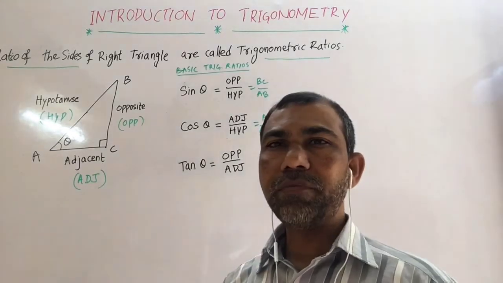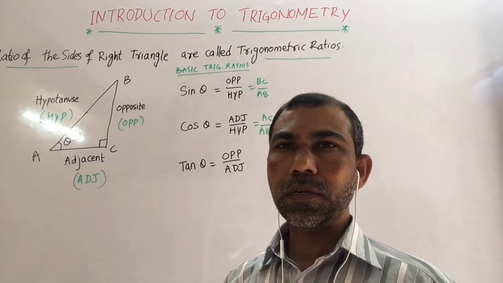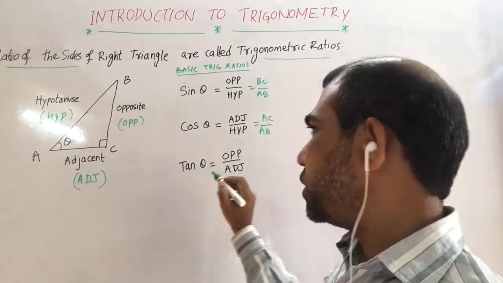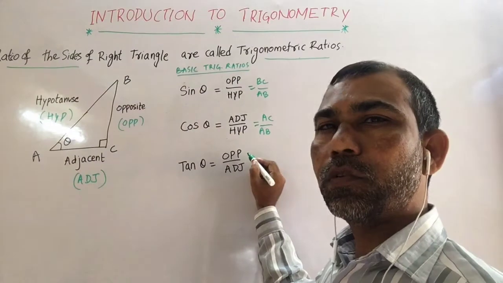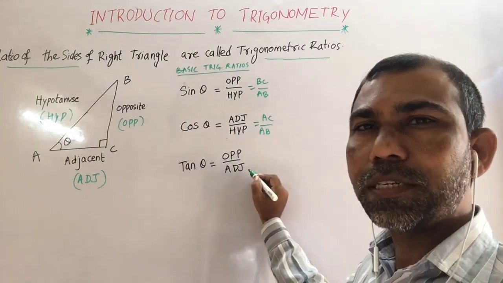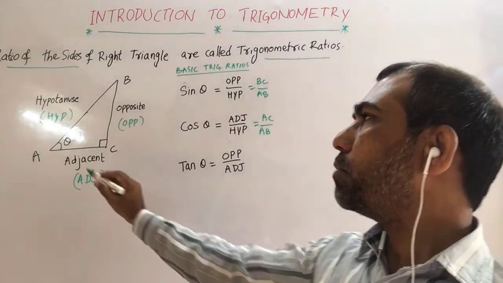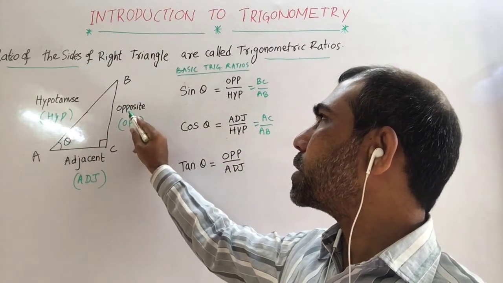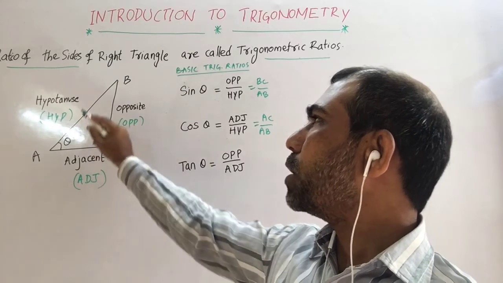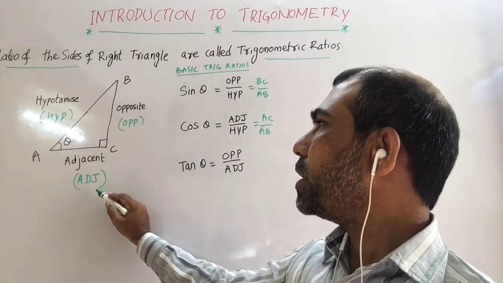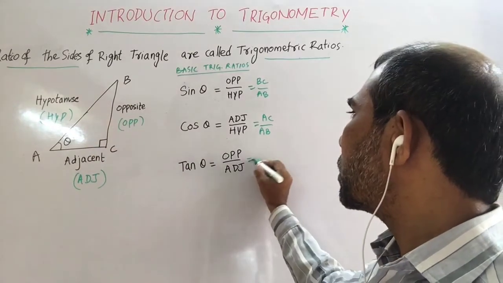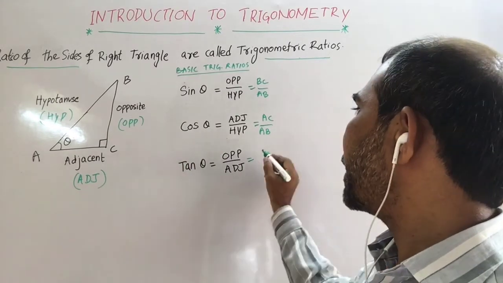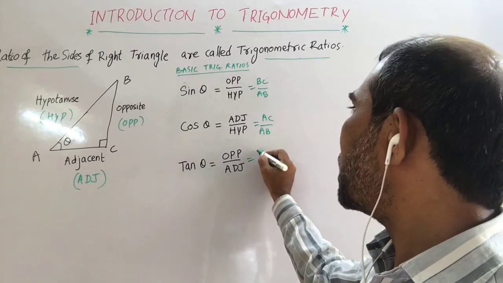Similarly, we can define the third trigonometric ratio as tangent theta. Tangent theta is the opposite side to theta over the adjacent side to theta. Here, taking theta, the opposite side is BC over the adjacent side AC. So tan theta according to this triangle is BC over AC.